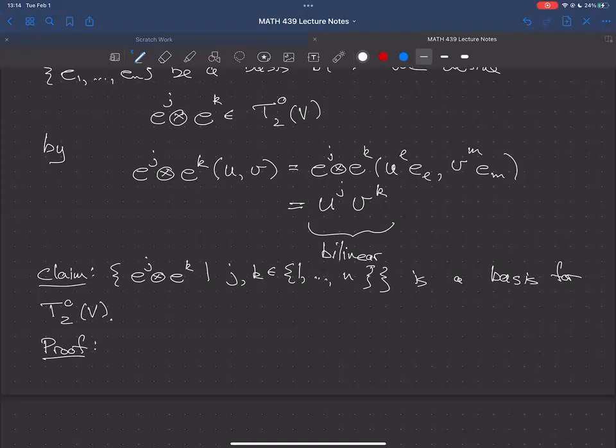Now, how do you prove that? Well, you prove it the way you prove that things are a basis. You have to prove two things: linear independence and the spanning property.